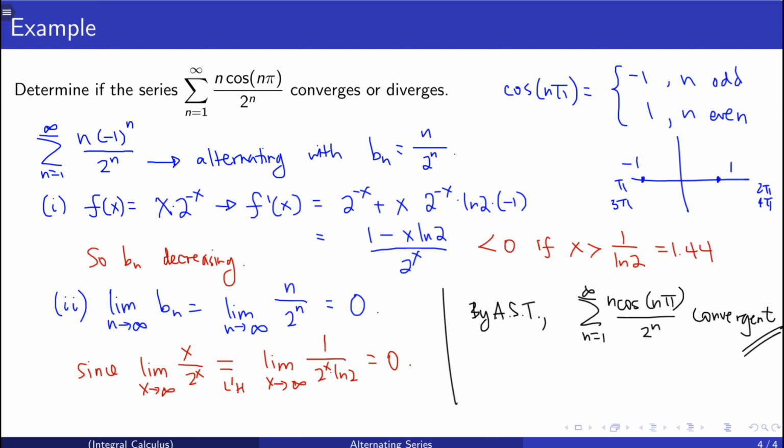I mean, if b_n does not go to 0, in that case, it's actually easy to say that it diverges because it fails the test for divergence. And so really what I want you to think about is, if b_n is not decreasing, can you conclude it's divergent? And so I'll leave you with that question.